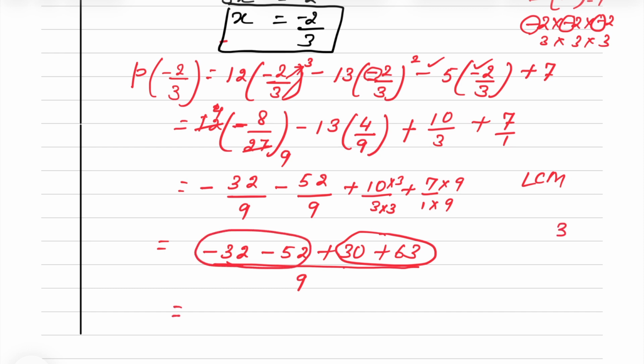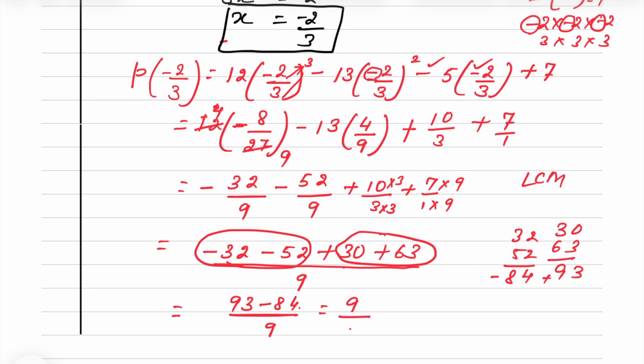So 30 and 63 will be 93, and 32 with 52 will be 84. This one is negative and this one is positive. So we are getting (93 minus 84) by 9, so this one is 9 by 9, that will be 1. So 1 is the answer in a rectangular box.